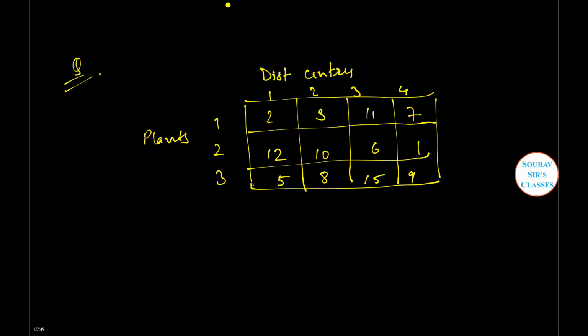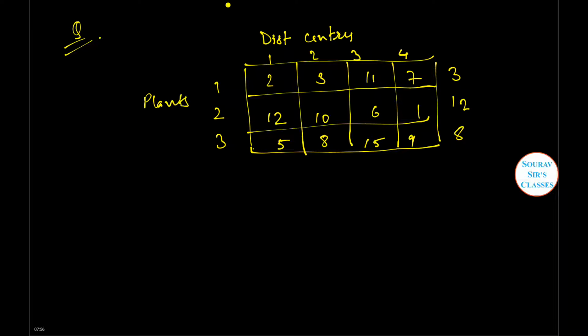Now the supplies are 3, 12 and 8, and the demands are 7, 5, 9 and 2 by the problem. Now by the northwest corner rule, we find the northwest element, that is the cell 1, 1, and we try to allot. Let me write, this is demand, this is supply.